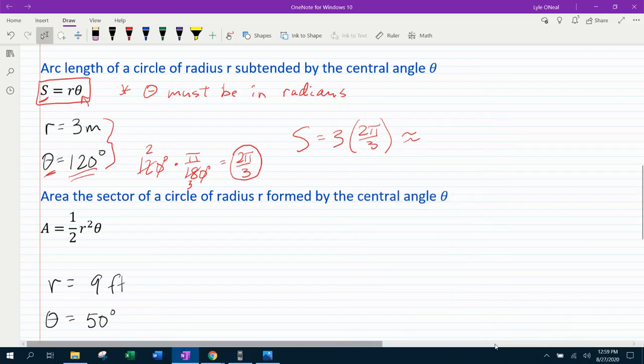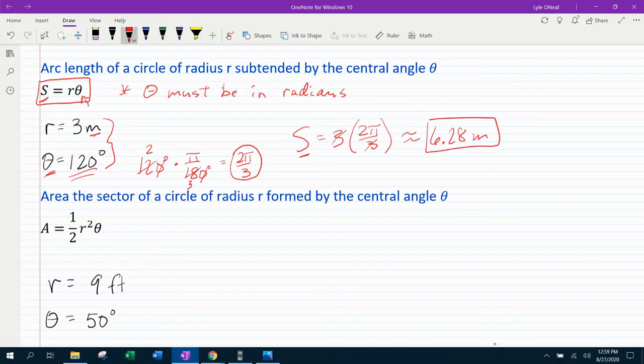Bam. And if you notice, I could have done that manually because 3's cancel. Leaves me 2 pi, which is about 6.28. And the units for arc length are going to be the same as your units for the radius, which is going to be meters.